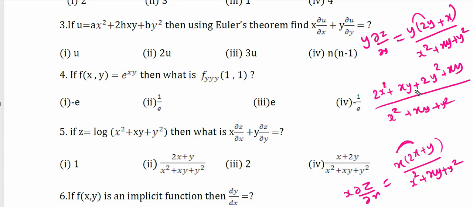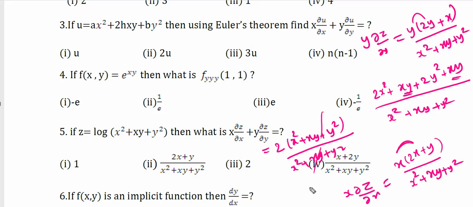Now in the numerator 2 is common, so 2 times (x square plus xy plus y square), and the denominator is also x square plus xy plus y square. Both get cancelled. So the answer is 2. Next one.